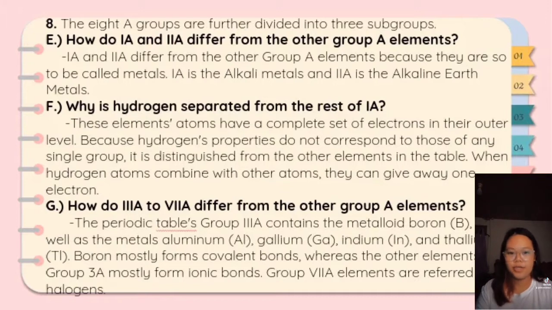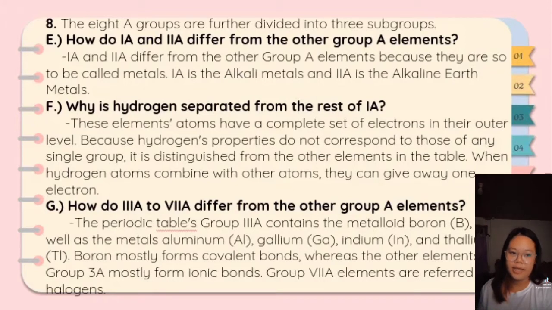So next question is, how do group 3A to group 7A differ from the other group A elements? The periodic table's group 3A contains the metalloid boron as well as the metals aluminum, gallium, indium, and thallium. Boron mostly forms covalent bonds, whereas the other elements in group 3A mostly form ionic bonds.